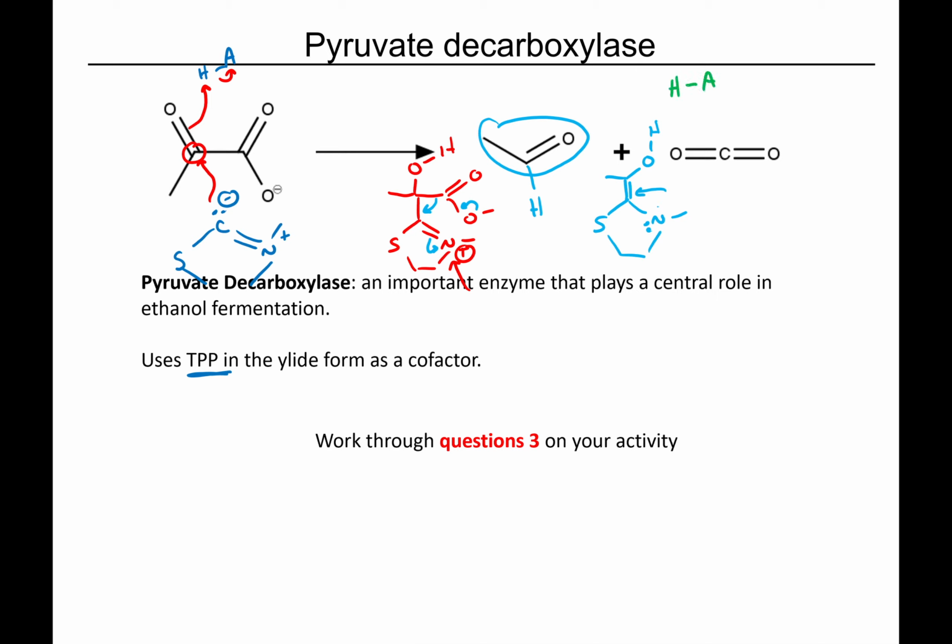And we're going to push electrons up through our cofactor and pick up a proton, giving us our final intermediate where we've regenerated the positive charge on the nitrogen. We have a single bond between our cofactor and what will be our product.